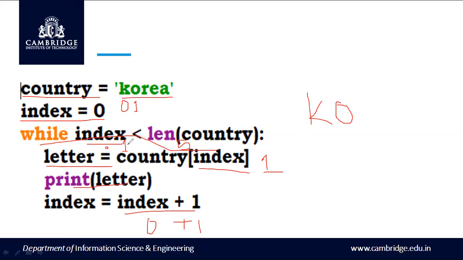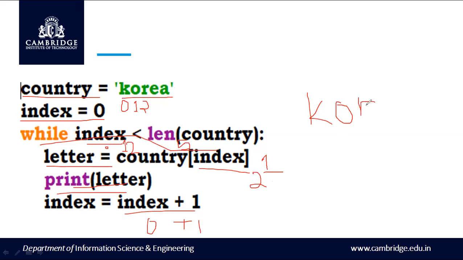Again it goes to the while condition. While 2 is less than 5, that is true. So the country of index is now country of 2. You can see here, print letter in the second position, so R will be printed, and again index is incremented.